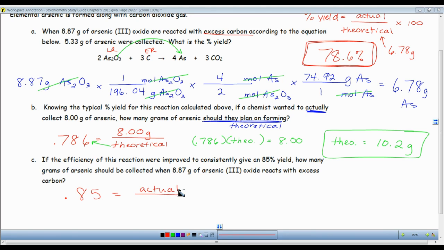Well, it's the same theoretical. It's the same reaction. 6.78 grams was our theoretical. And so same thing, we're going to cross multiply. But that's about it. So basically, we're just saying that if we collect 85% of our product, 0.85 times 6.78 is 5.76 grams.